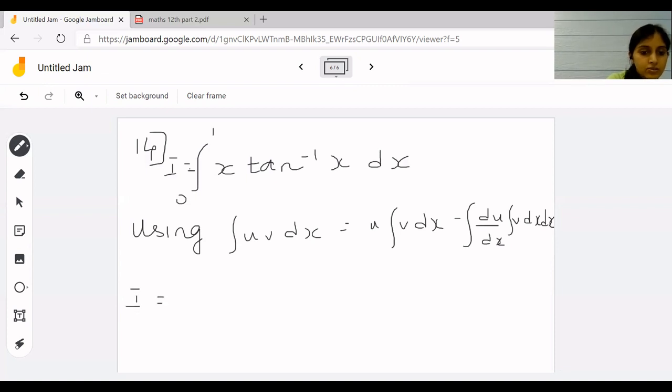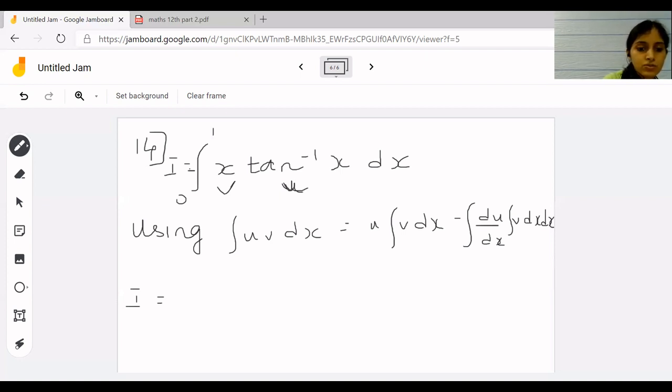So I is equal to u, here we are taking the first function as tan inverse, because integration of x dx would be easy, and that is why we are taking this as u and this as our v function.